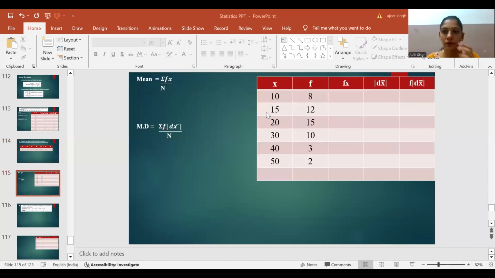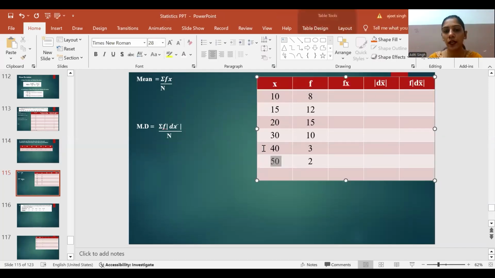Now let's start with the solution of this question. As the values of x and f, which is frequency, are given, let's first calculate the mean of this given data.